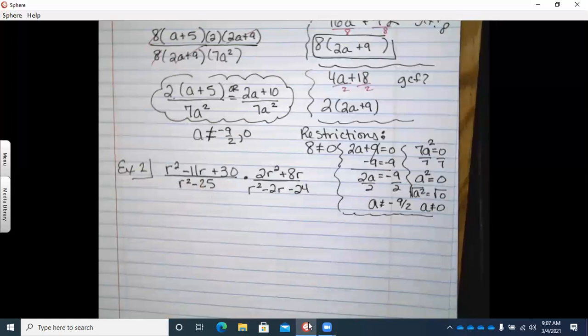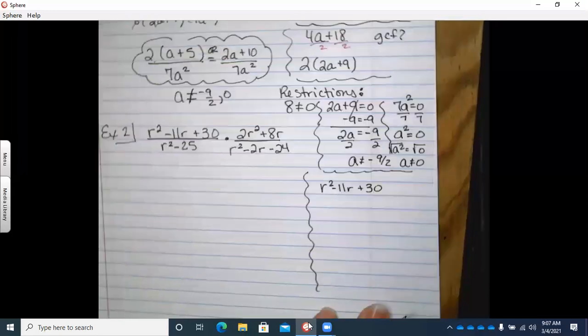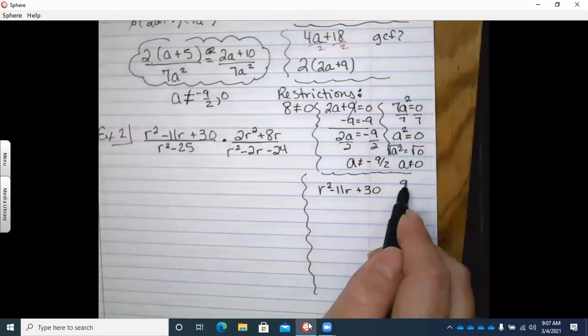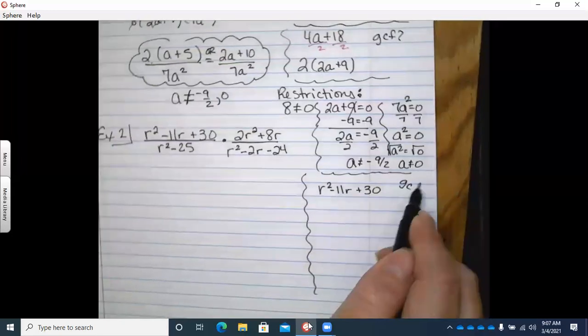Linear, if it's factorable, GCF's all you got. Quadratic might have a GCF, but we also might be able to do factor by grouping. So I'm going to take that over to the side and see if I can factor it. Does it have a GCF? No. You always ask that first, no matter if it's linear or quadratic.